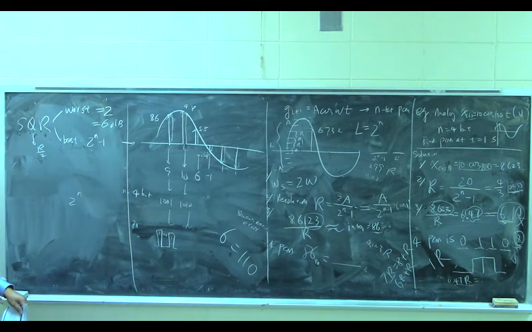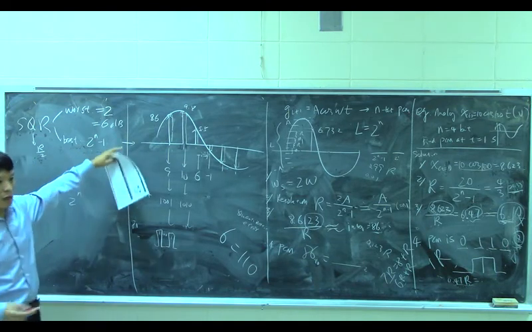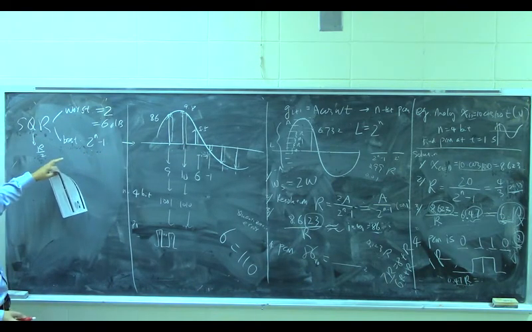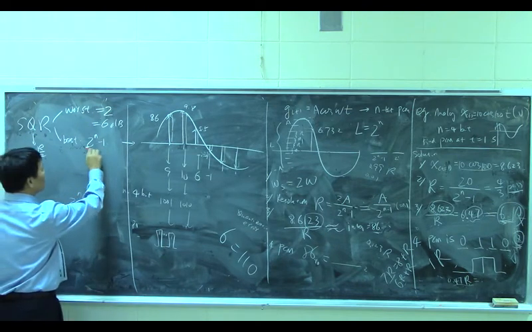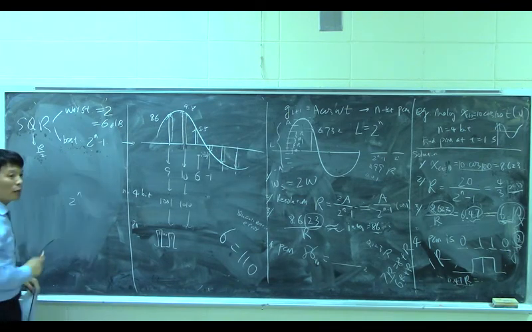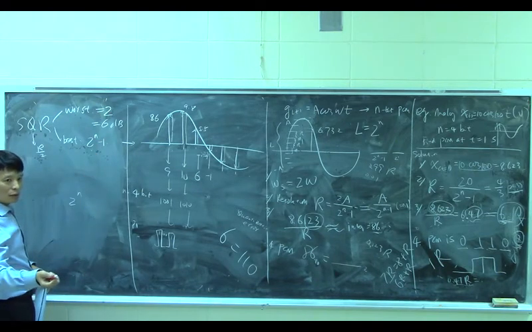In this example, 15R. This 15R divided by half R equals 15, right? So that is the best. And we convert this one into dB.